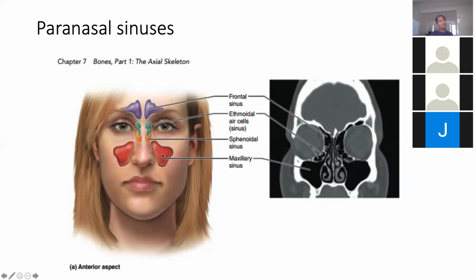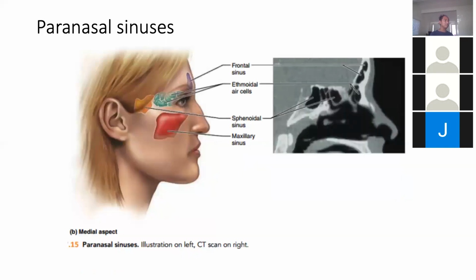Frontal sinus, ethmoid sinus, sphenoid sinus here, and maxillary sinus. So if someone has sinusitis, that means inflammation of the lining of these air sinuses, they will get pain in the face, the front of the face. That is one of the features of sinusitis. If you look from the side, sagittal view, the maxillary sinus is somewhere around here, the ethmoid sinus is here, the sphenoid sinus is here.